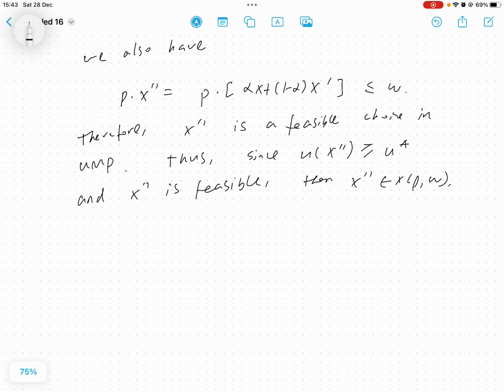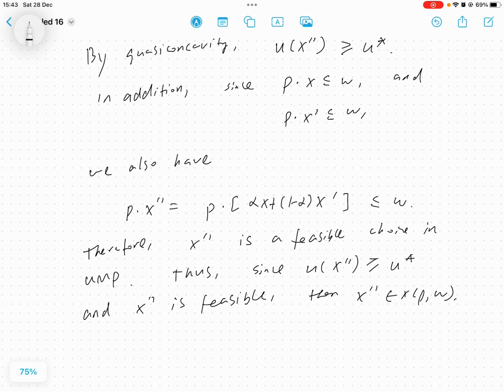So now what we have shown is that x and x prime are in the solution set X, and their convex combination is also in the set. So now we have proved that this set X is a convex set, given that the utility is quasi-concave, or that the preference relation is convex.